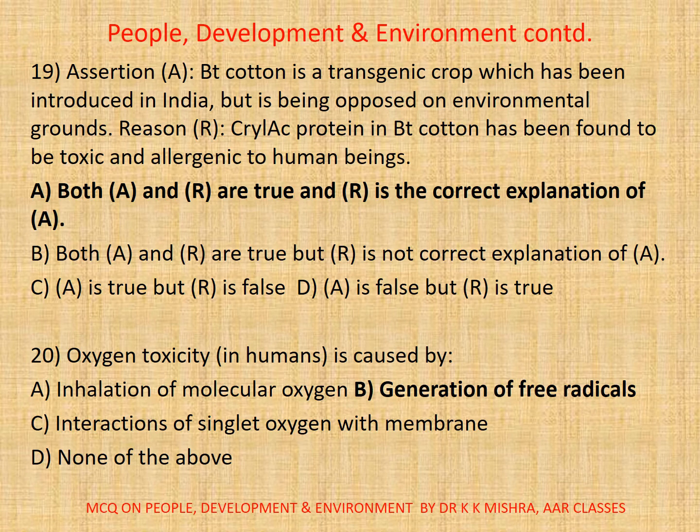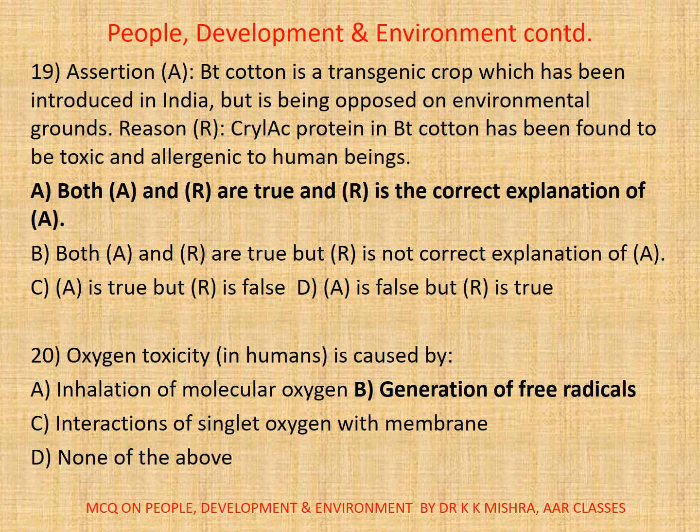19. अब ये assertion और reason का सवाल है, जरा ध्यान से देखते हैं. Assertion A, cotton is a transgenic crop which has been introduced in India but is being opposed on environmental grounds.